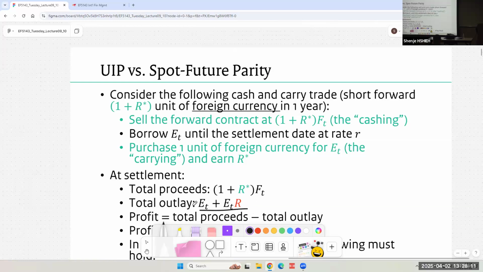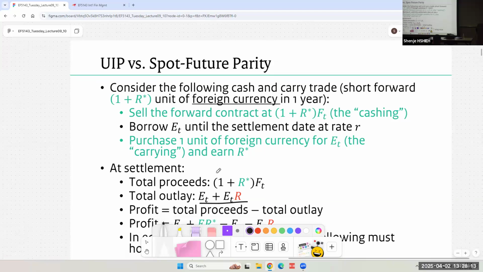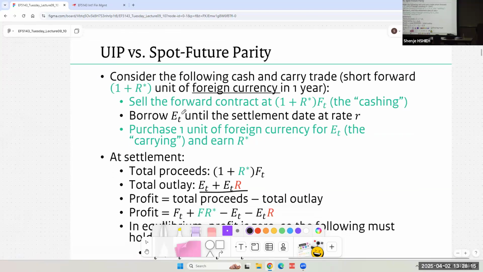This is interest plus principal. And then I'm going to take that E and deposit it somewhere. So convert the currency and purchase a unit of foreign currency and deposit it somewhere so I earn interest. So there's a benefit from carrying the currency. So 1 plus R star times F. That's total proceeds.